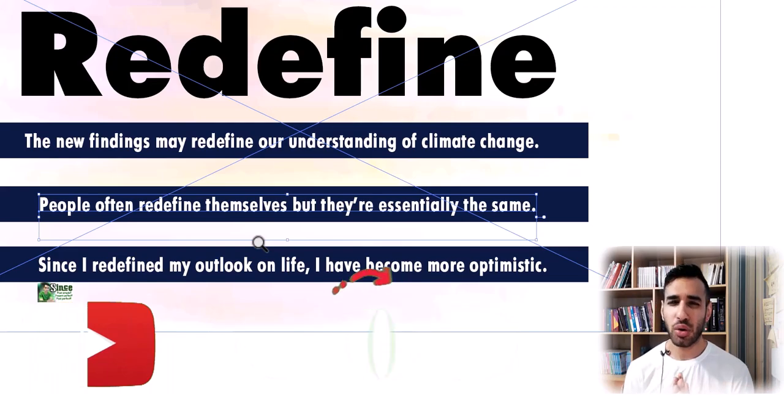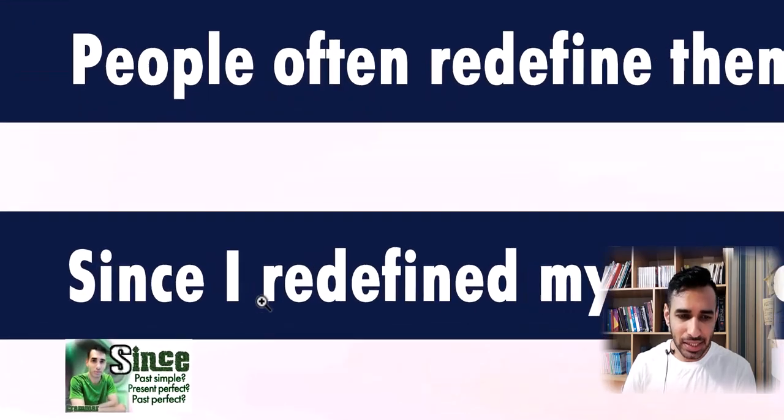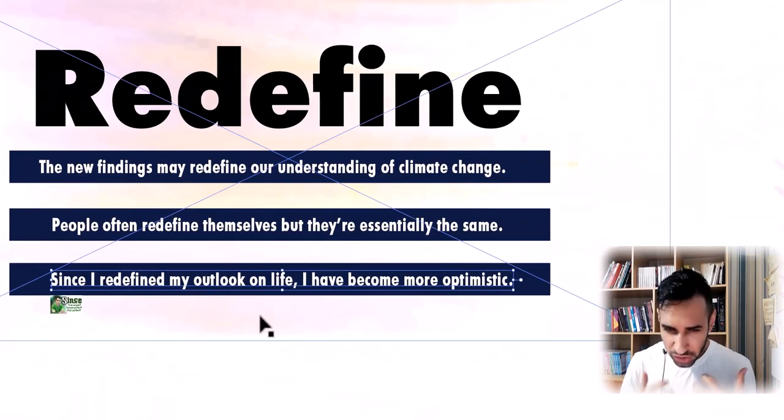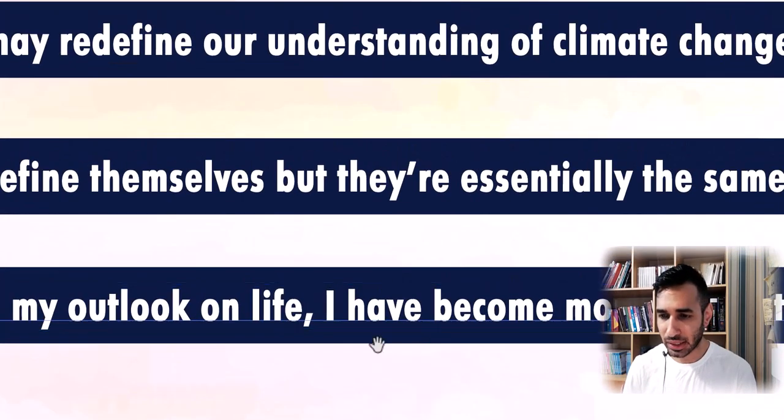They are no different. Since I redefined my outlook on life, I changed my point of view, my perspective on life, I have become more optimistic. And pay attention to since here, since, past tense, present perfect.